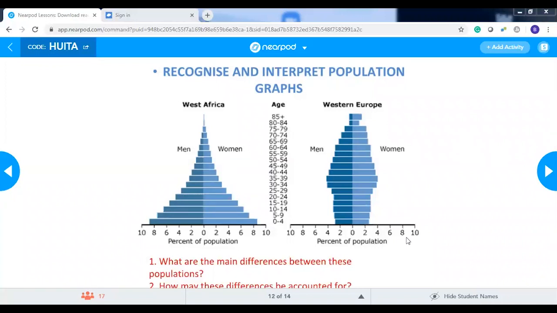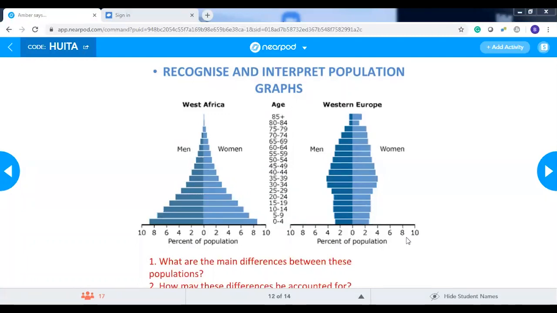And what are these conditions? How do they change from West Africa to Western Europe? For example, in Africa, it's very hot, and also the economic development doesn't provide enough food or work for the people, and people do not have new offspring, and the population cannot be raised.